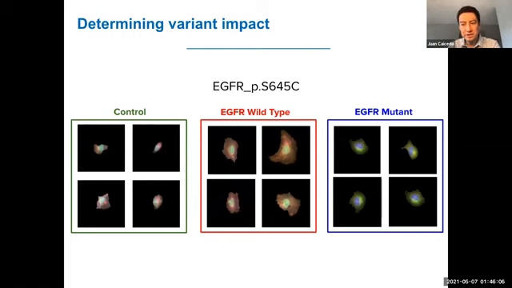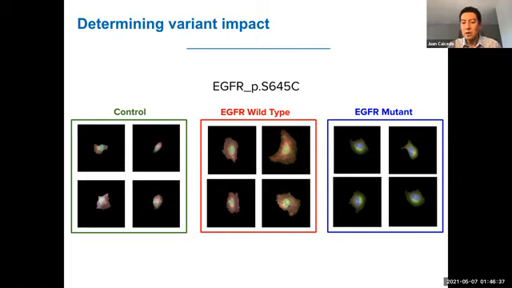Other types of usages that you can have based on cellular features: determining the impact of variants or mutations in cancer. Sometimes when cancer patients have a tumor, they now routinely sequence the tumor, and you can tell that there are many mutations, but we don't know if the mutation is driving the cancer or is just a passenger mutation that is an effect of the cancer, but not really generating the cancer.